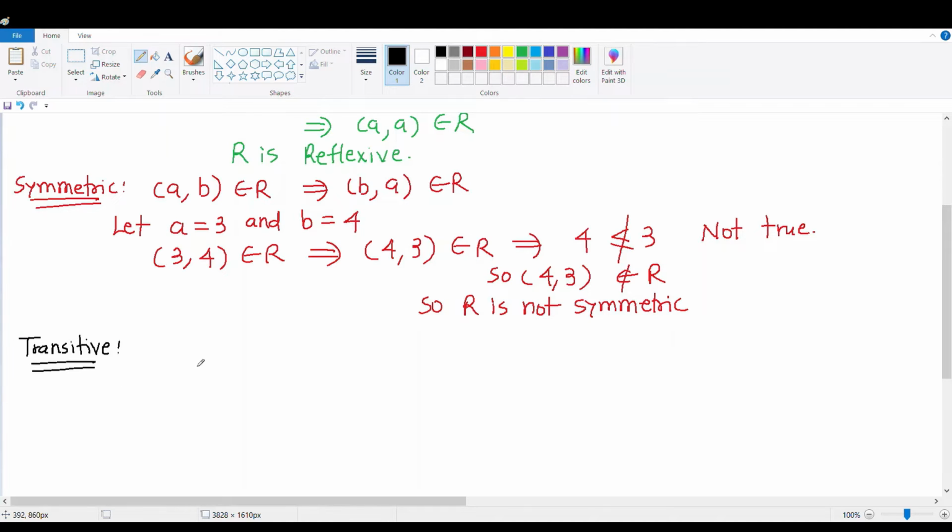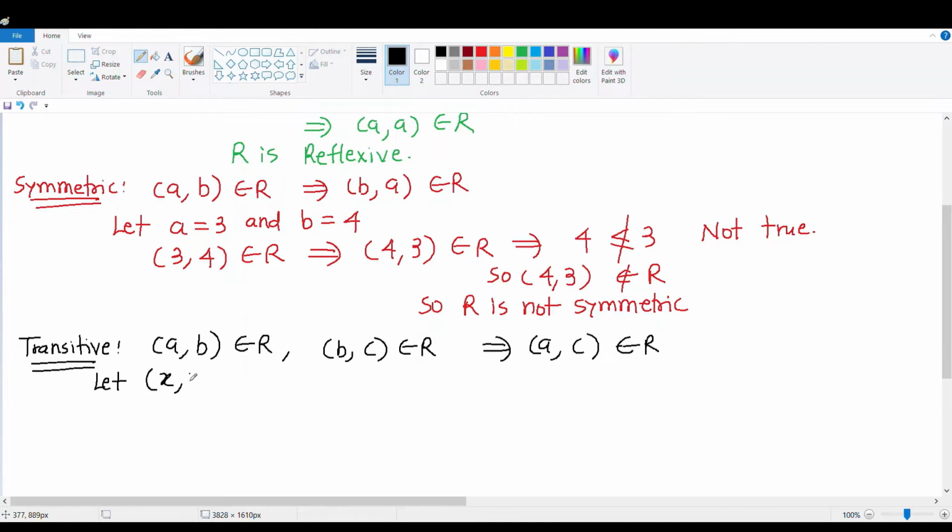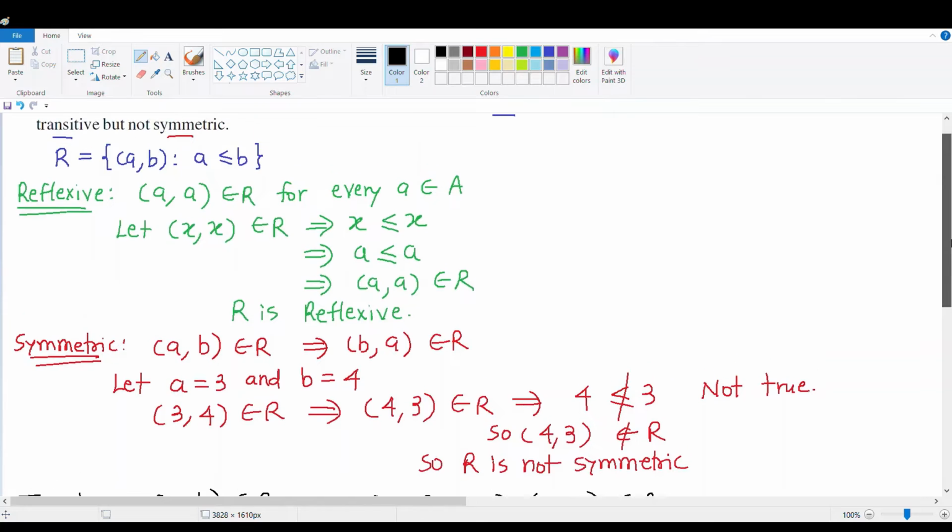Now the transitive definition says what? That if you have (a, b) belongs to R and you have (b, c) belongs to R, then you must have (a, c) belongs to R. Since this is going to be true, we need to prove that. So let (x, y) belong to R and let (y, z) belong to R. Now if (x, y) belongs to R, what was the condition? a is less than or equal to b.